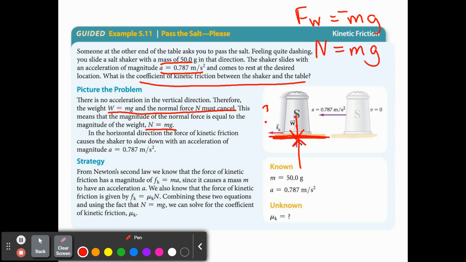Okay. All right, and then my acceleration is 0.787. We know from Newton's second law that the force of kinetic friction is equal to mass times acceleration, because all forces are mass times acceleration. So we can say that, since this thing is moving, the force of kinetic friction is equal to its mass times its acceleration.